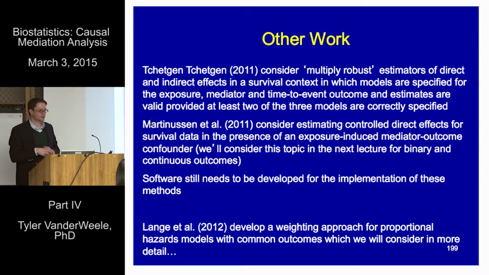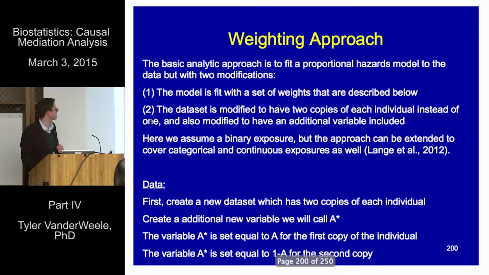The one other approach we will discuss in a little bit more detail here is a 2012 paper which looked at weighting approaches for proportional hazards models with common outcomes. And because proportional hazards models are used so frequently, and because outcomes are often not rare at the end of follow-up, I thought it was important at least to go through this one additional case.